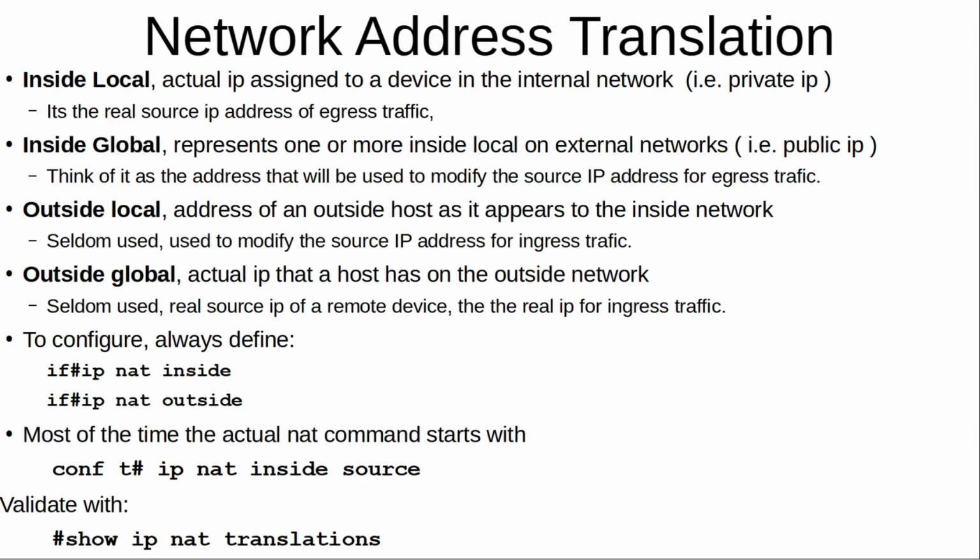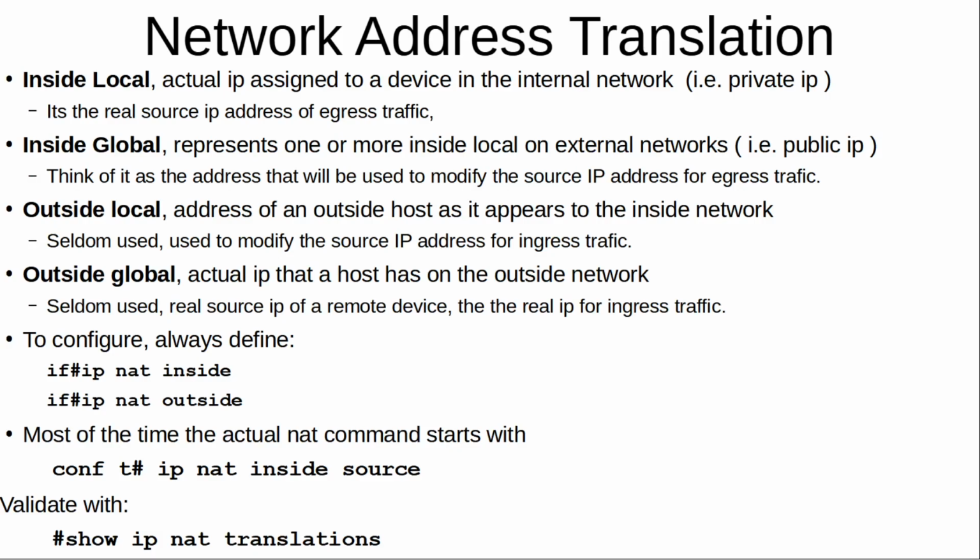So you already know that. So let's go to the terminology. Most of the times, or 99% of the times, you will be using the inside local addresses and inside global addresses. This is the most common IP addresses that you will be working with.